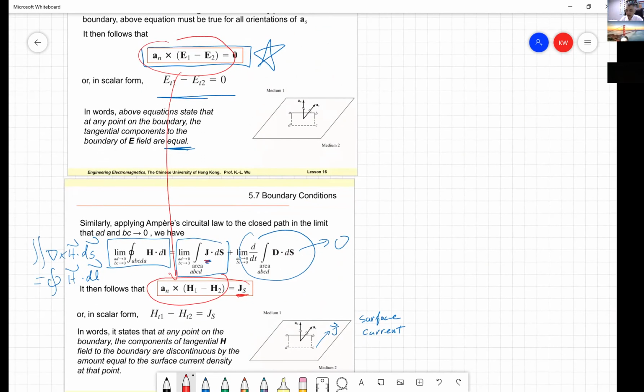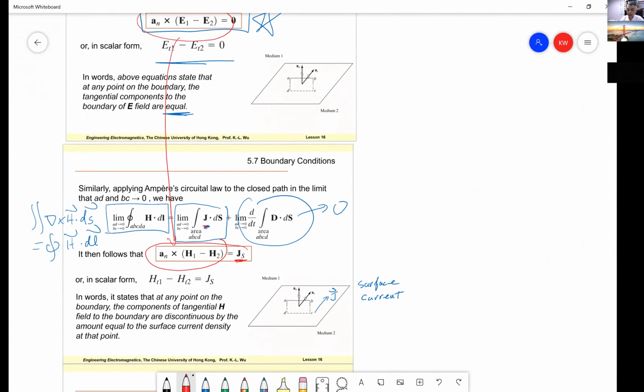This current density means the normal direction cross the magnetic field will be in the direction of the current. Let's recall just now. This is X. This is Y. We have Hy. We have Ex. This is Z. The current is in the minus X direction.